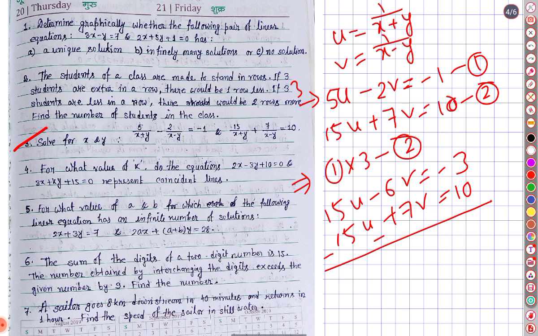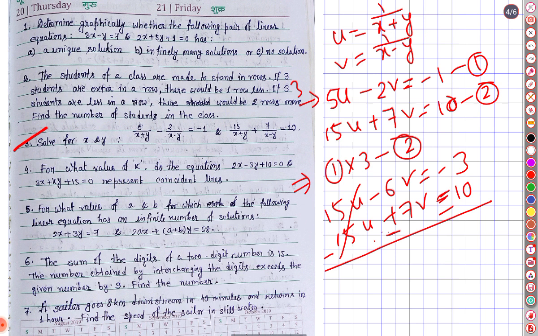Now the sign changes: minus. So the 15u cancels out.